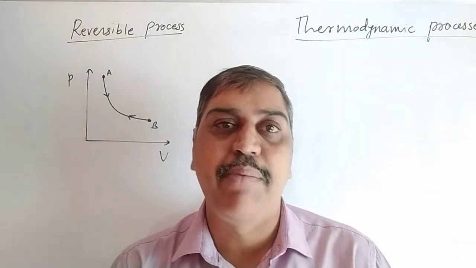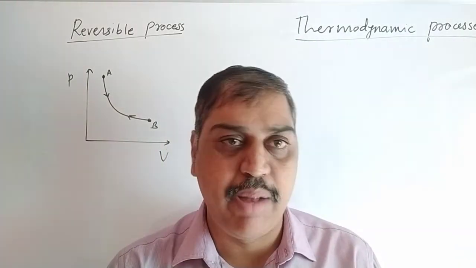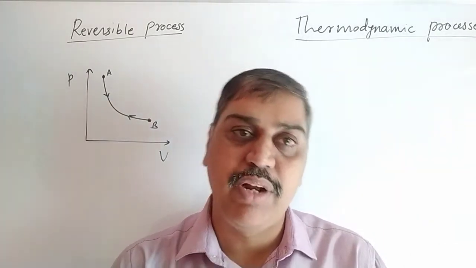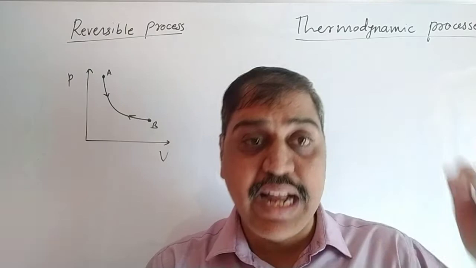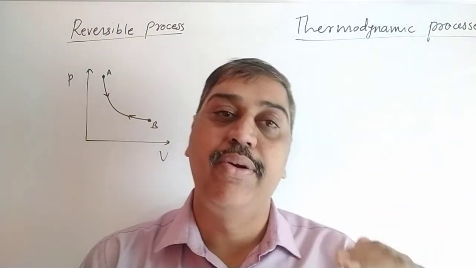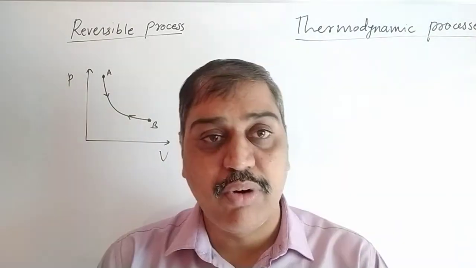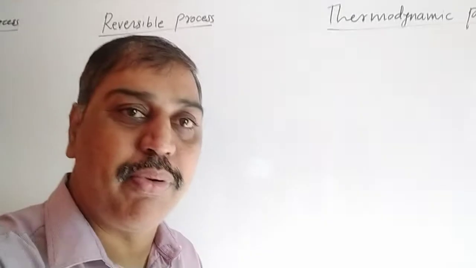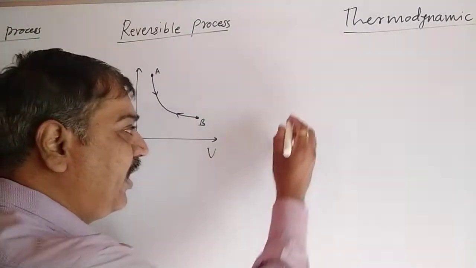One of the best examples, which all of you know: when we heat water, it is converted into gas, that is water vapor. When we condense the water vapor, it again gets converted into water. Again, if you cool the water, it gets converted into ice. So the basic example of a reversible process is this.